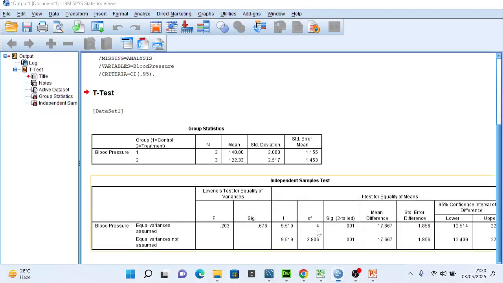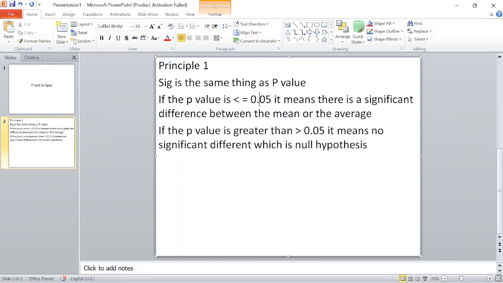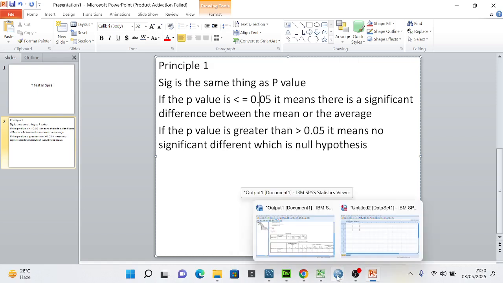In this place, 0.001 is definitely lesser than 0.05. So since it's lesser, it means there's a significant difference between the mean of the control and that of the treatment, the new drug.